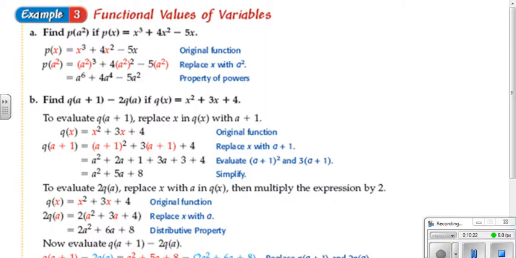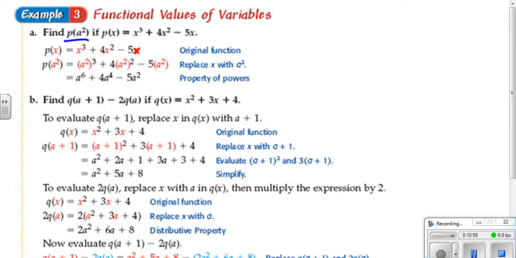In this case, if we want to find p of a squared, if p of x is x cubed plus 4x squared minus 5x, that just means everywhere that we see an x, we plug in our a squared. So instead of x cubed plus 4x squared minus 5x, it's a squared cubed plus 4 times a squared squared minus 5 times a squared. So we would just solve out each piece individually.